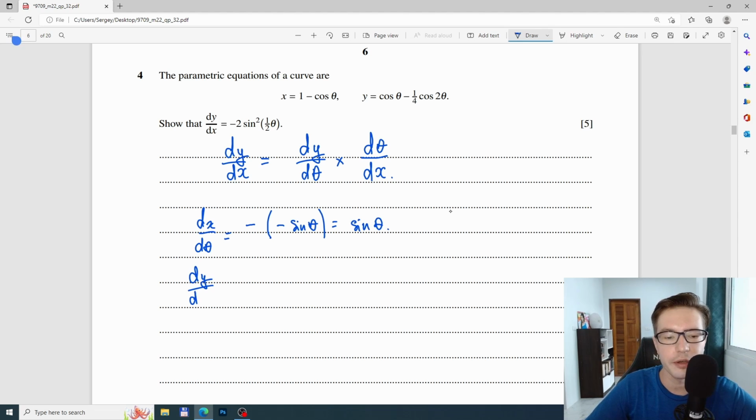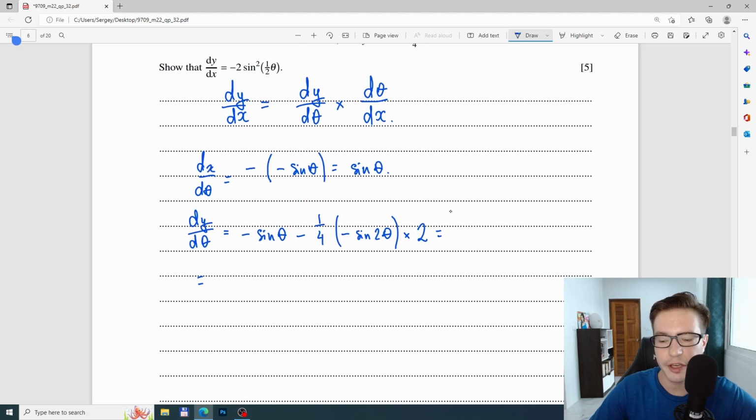Now for dy over d theta, the derivative of cosine is minus sine, minus 1 over 4, negative sine 2 theta, and then don't forget the chain rule and multiply by the derivative of the inside function, which is 2 theta, so times 2.